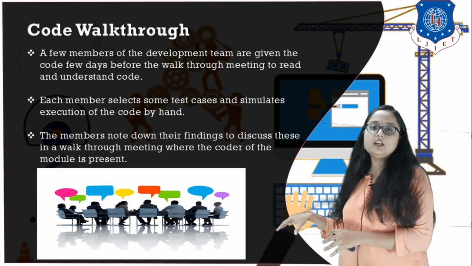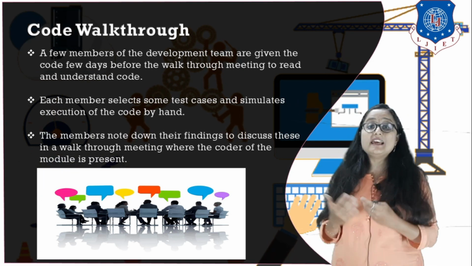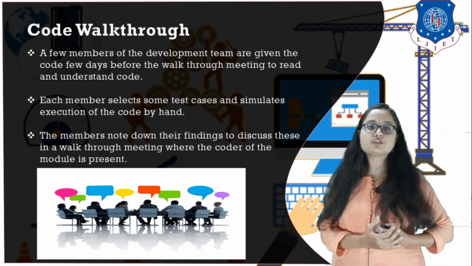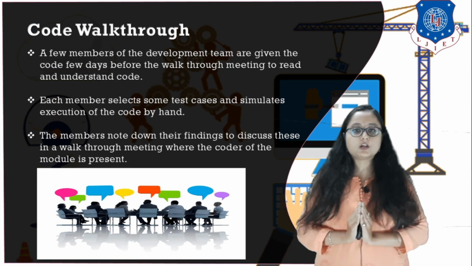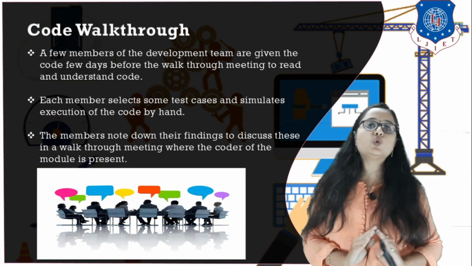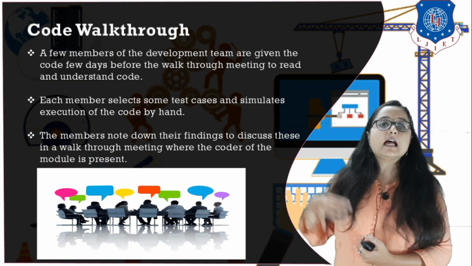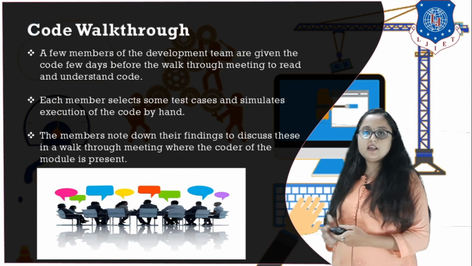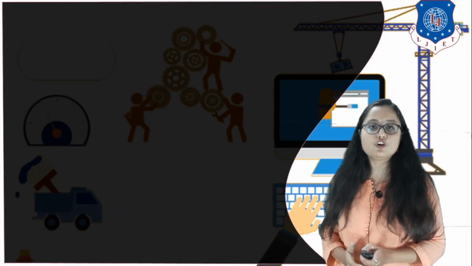So that is the main aim of this meeting, that we are reviewing the code based on algorithm, logic and optimization, and whatever suggestions the reviewers have are noted down and given to the author. The author will then try to implement or include all the suggestions given by the reviewers, right? So this is known as code walkthrough, and this was the last technique of code review.